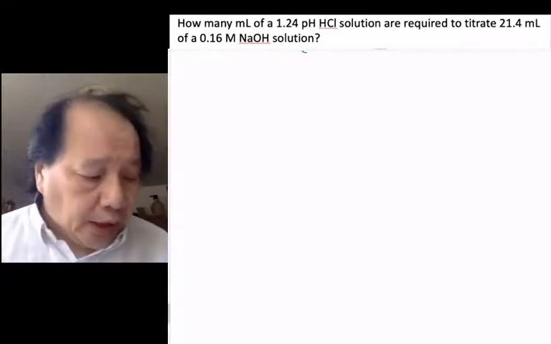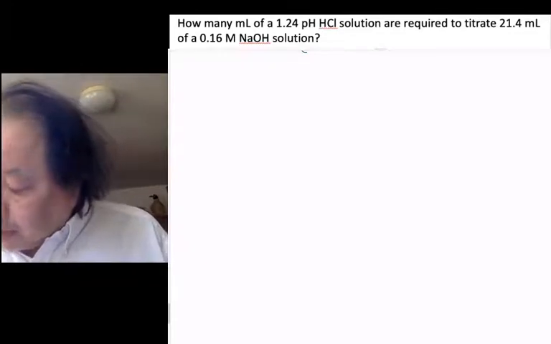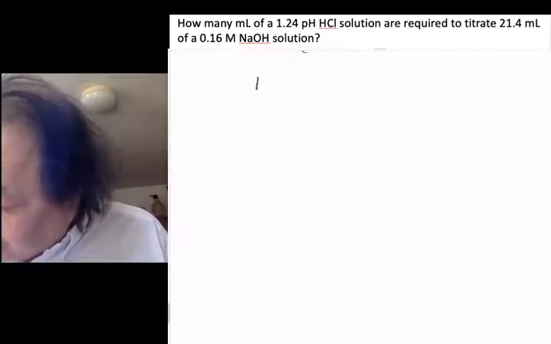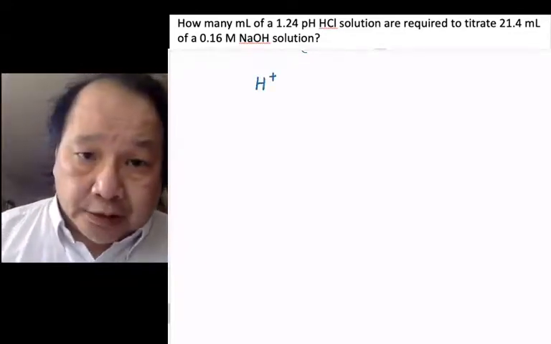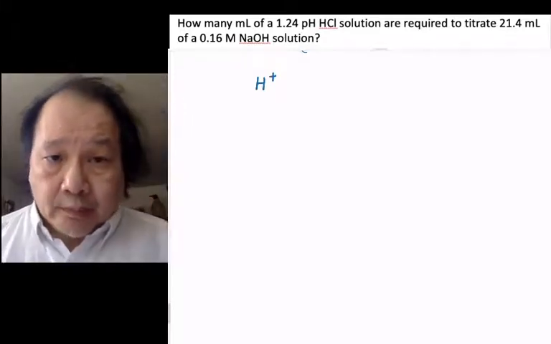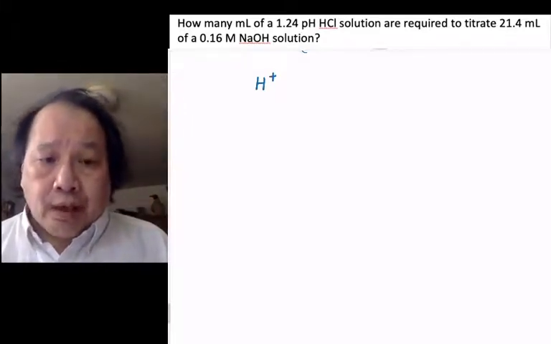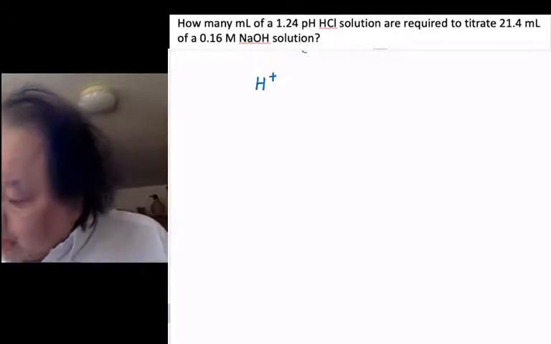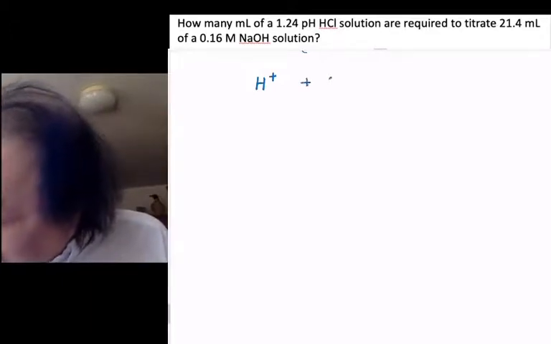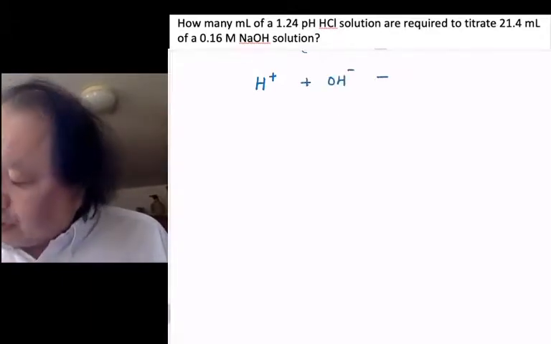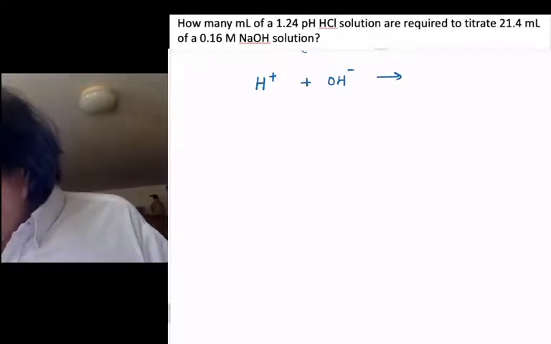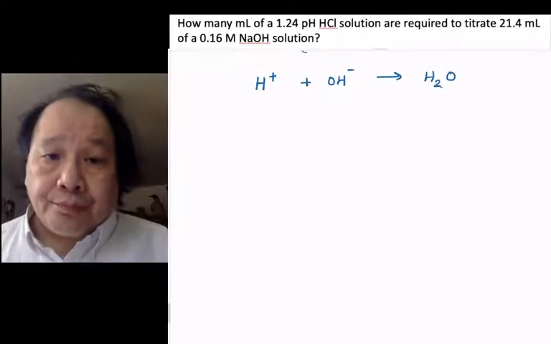And all strong acids end up producing H plus. In water, the acid becomes H plus, and the base becomes OH minus. And so the kind of reaction we're going to do is always the same here in acid-base in 2070. It's the reaction of H plus and OH minus to H2O.